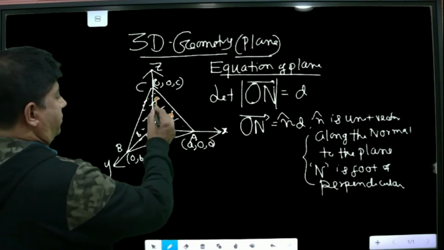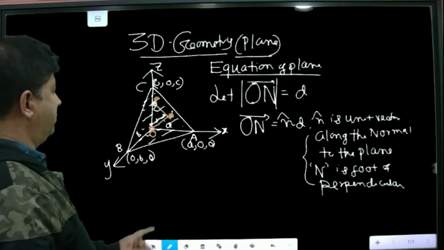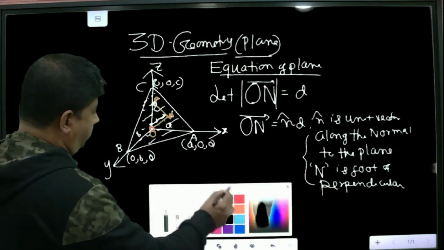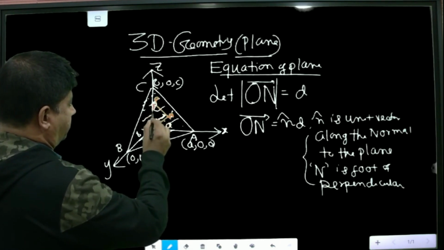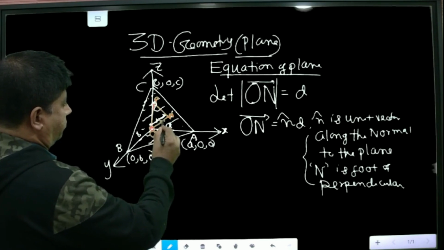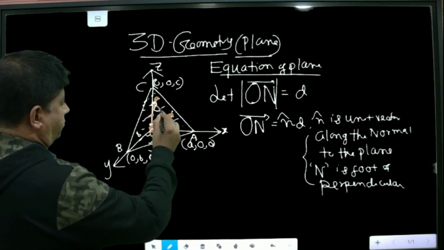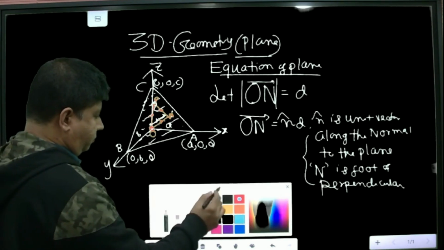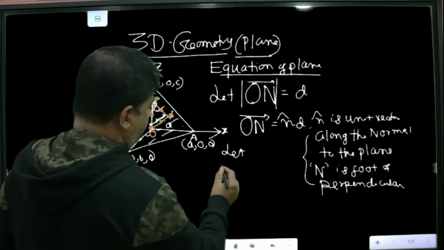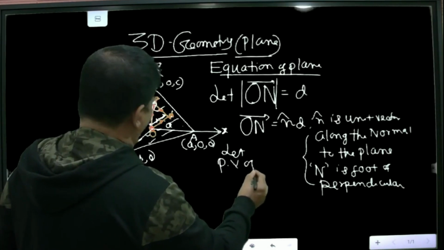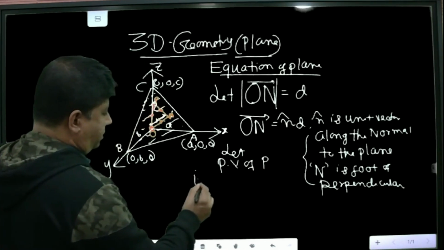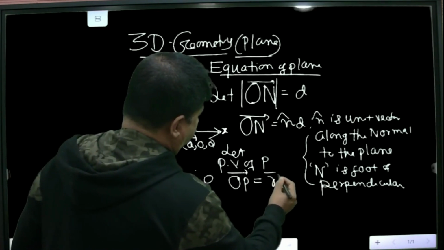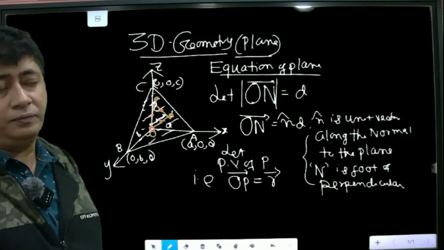Let the position vector of P, that is OP, be equal to vector R. Okay.